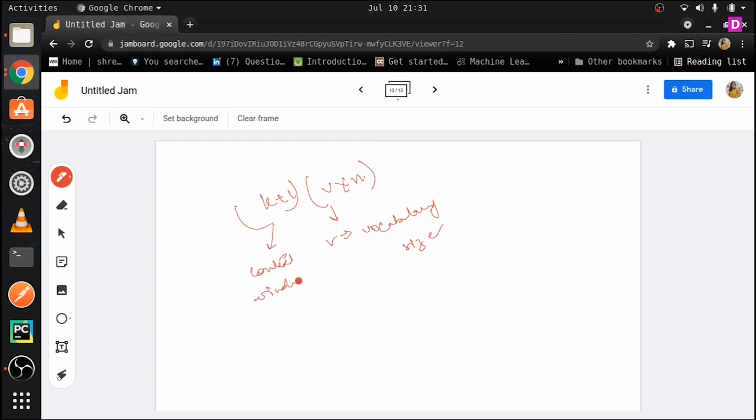Let us say we keep K as 2, so you have 2 plus 1, and the vocabulary size has to be at least 10,000. So 10,000 into N, where N is the number of dimensions that you want. Let us say we keep it at 100. So you have 3 into 10,000 into 100, which is about 10 to the power 6.